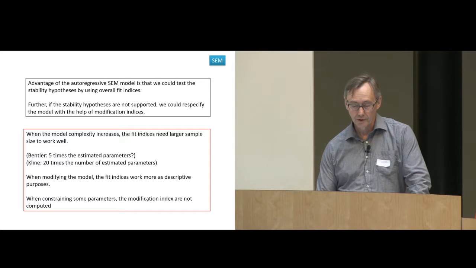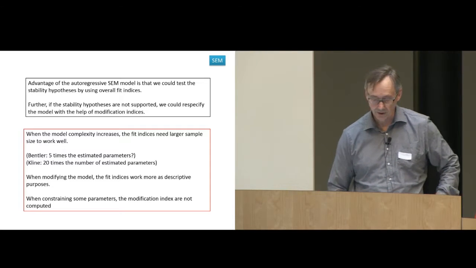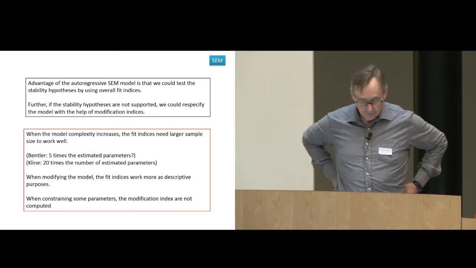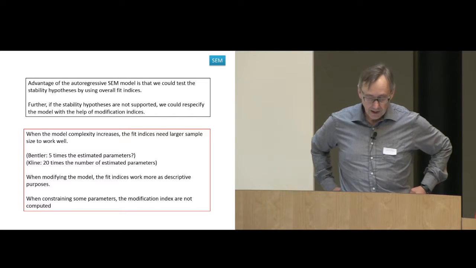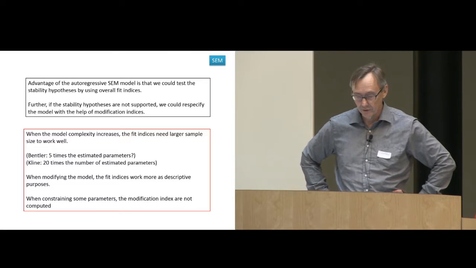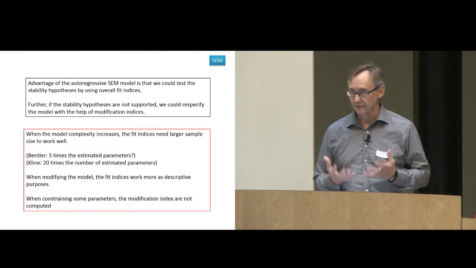If you have, for example, 10 parameters, then you need 200. But in practice, there could be 50 parameters, 60 parameters, or 10. Then you need a lot of data. But these comments are related to fit indices. For the fit indices to work well, we need large data.